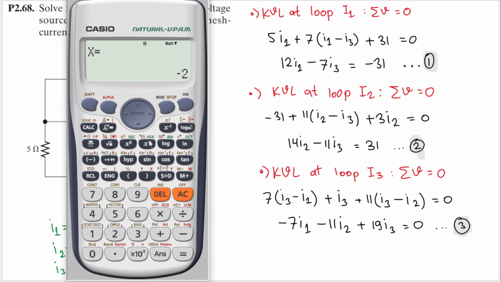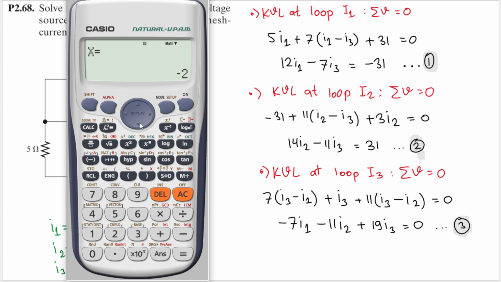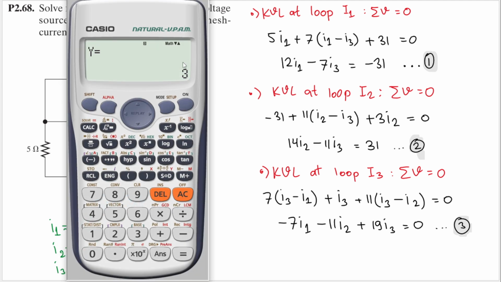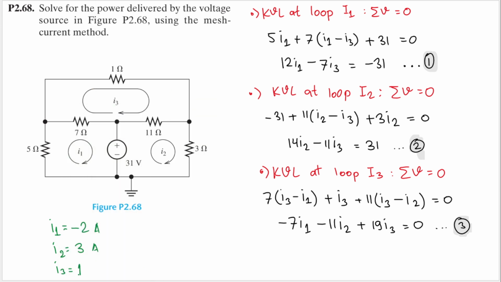We get I1, which is minus 2 ampere, which is a very good number. I like it. Then 3 ampere for I2, and I3 is 1 ampere.